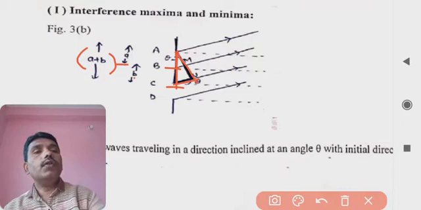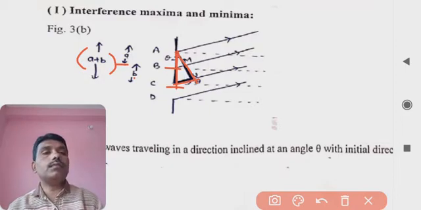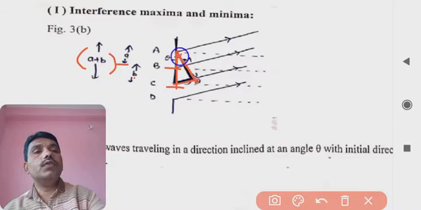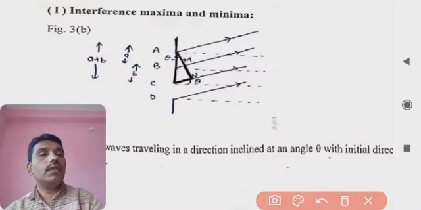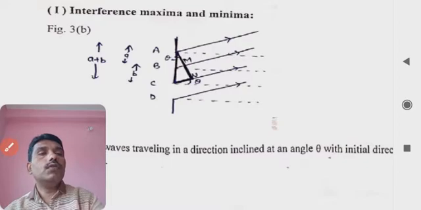When we draw this normal AN, a right angle triangle is formed, ACN.